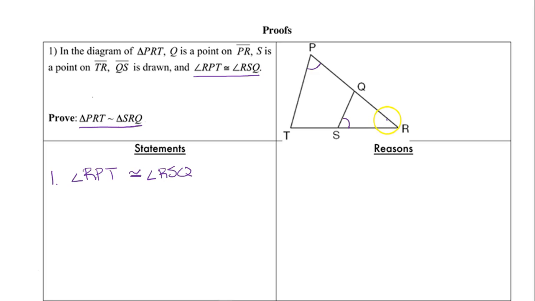The angle that they both have in common is angle R. Like we've done before in triangles, we can say that angle R is congruent to angle R. Now this right here was given, and this is our reflexive property of congruent angles. So just state reflexive property.